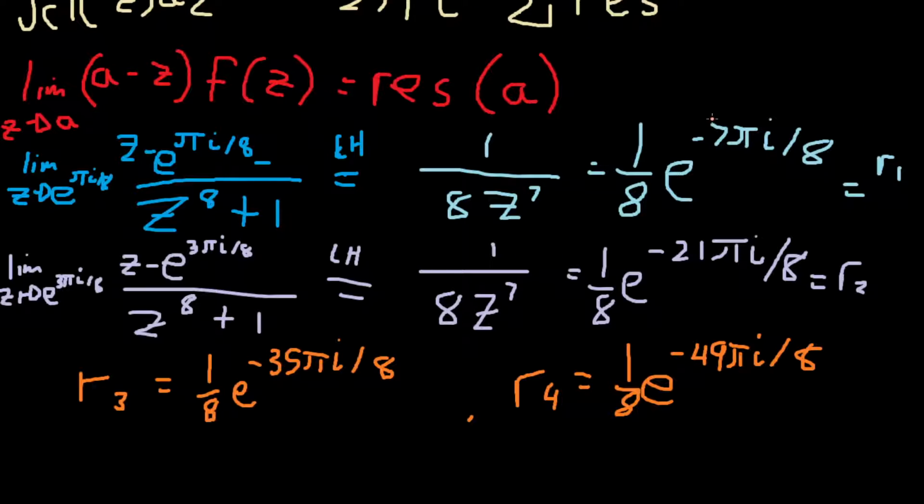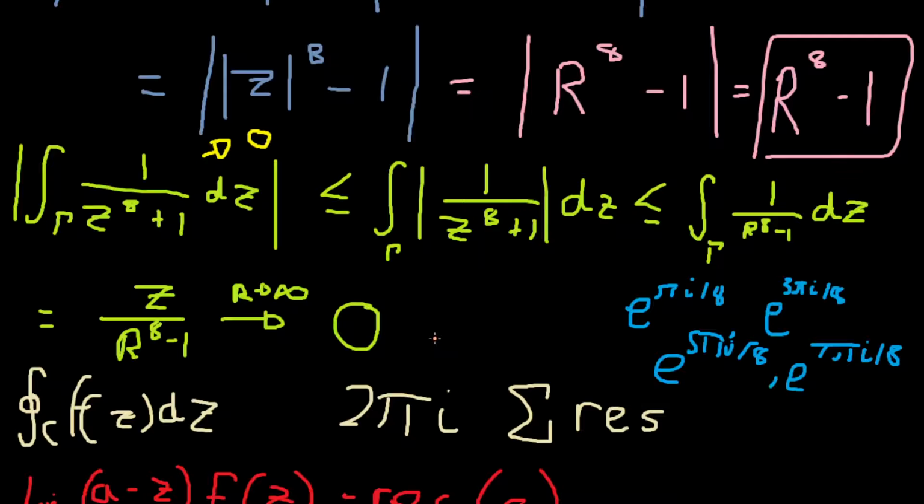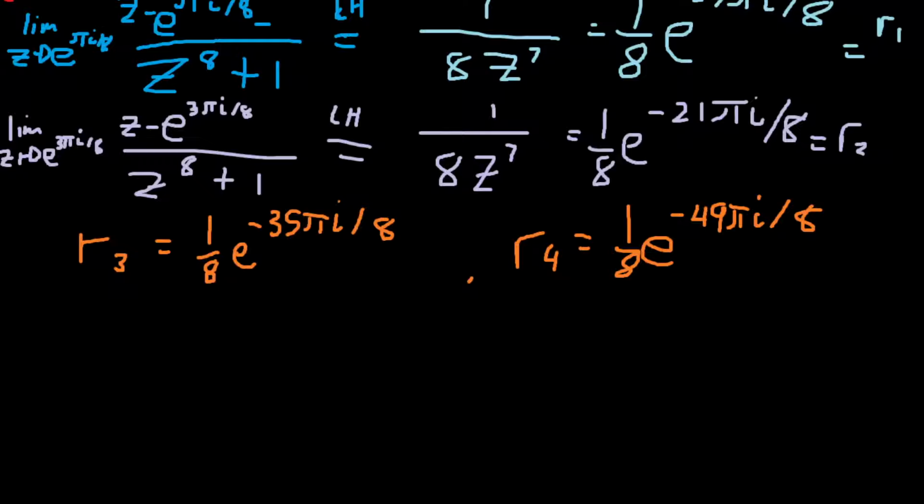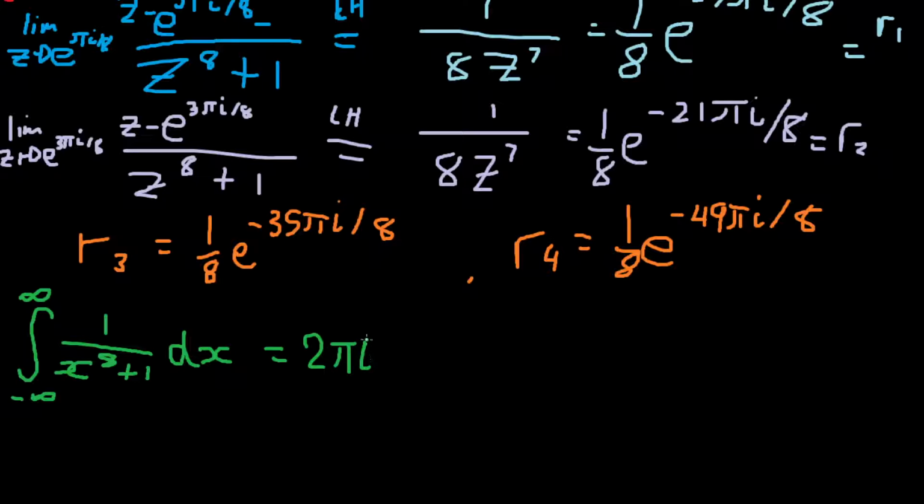Now if we sum up all of these values and multiply by 2 pi i, there is our final answer. So the integral from negative infinity to infinity of 1 over x to the 8th power plus 1 dx is equal to 2 pi i over 8. We're going to factor out this 1/8, then we get the sum of these added together.